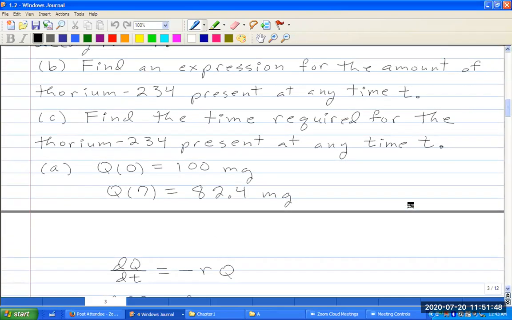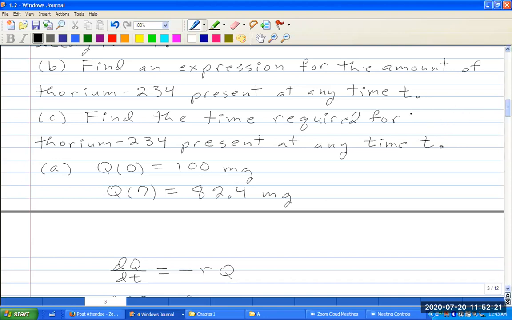Okay. Find the time required. Oh, that's it. Let me just look at part C, problem number 12C. Oh, okay. Find the time required for the amount of thorium.